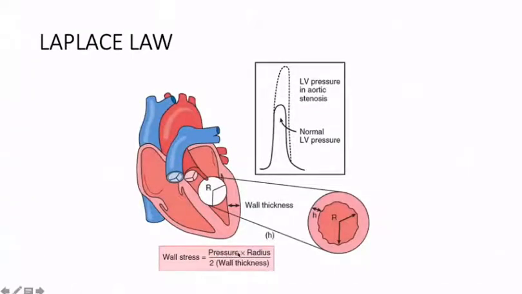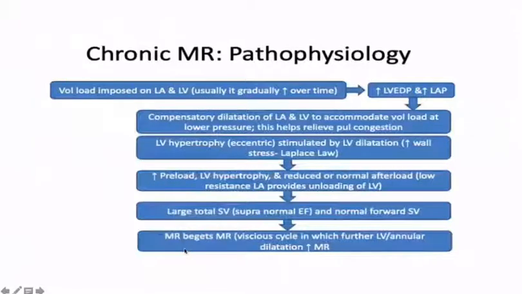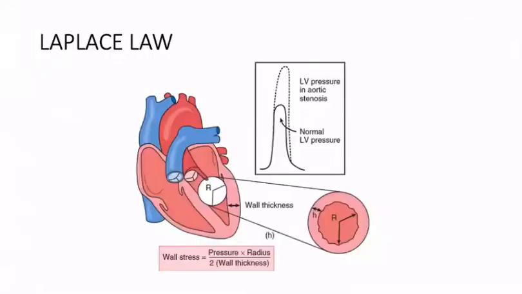As the diameter of the LV increases, that is, as the radius increases, there is associated increased wall stress also. So though initially it looks like a favorable outcome, as it progresses it has a detrimental effect because of the increase in LV wall stress. So MR begets MR. It is a vicious cycle.